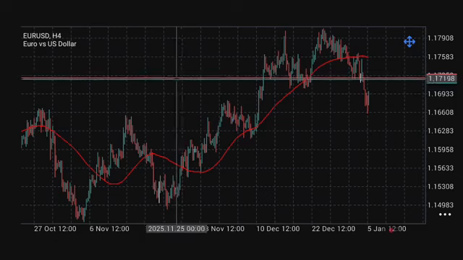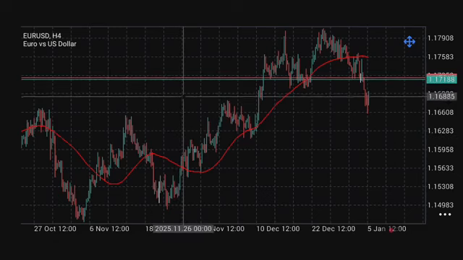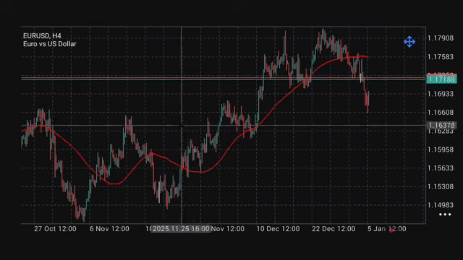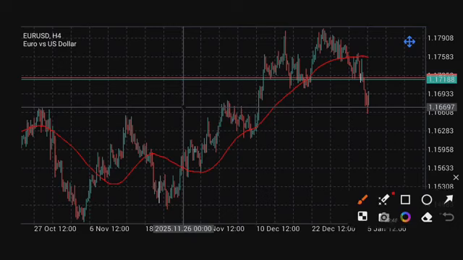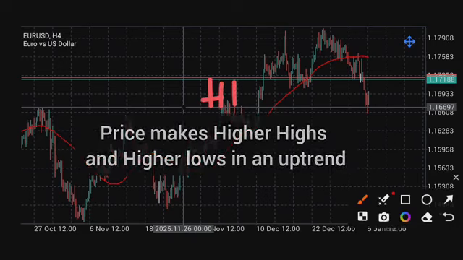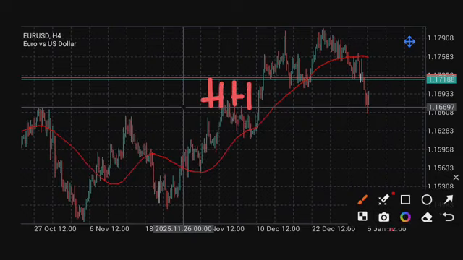Now, whenever the price is pushing up like this, it tends to make higher highs and higher lows. The price made a higher high here, so this is a higher low.